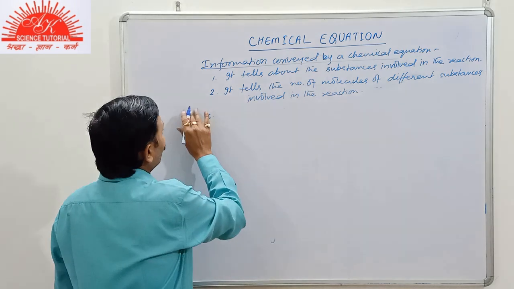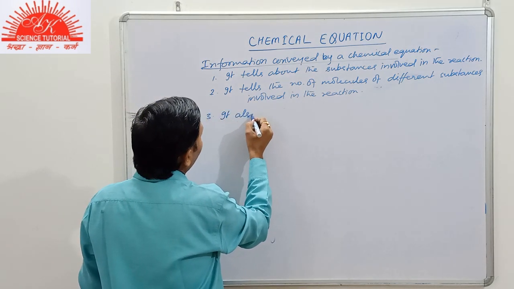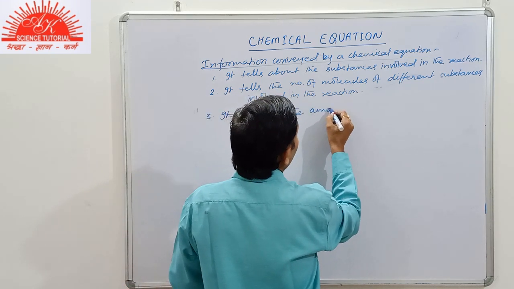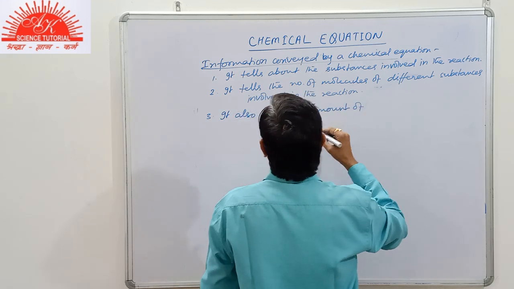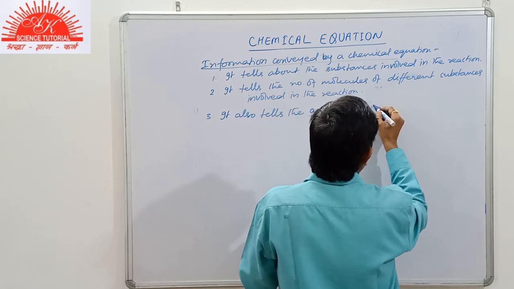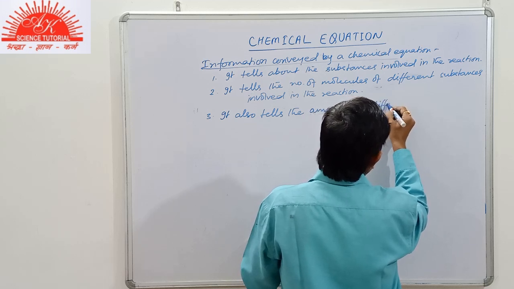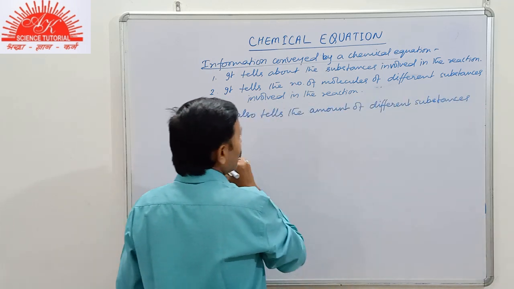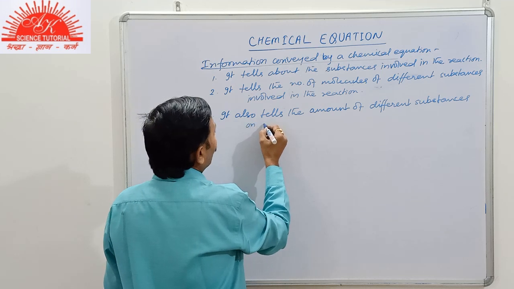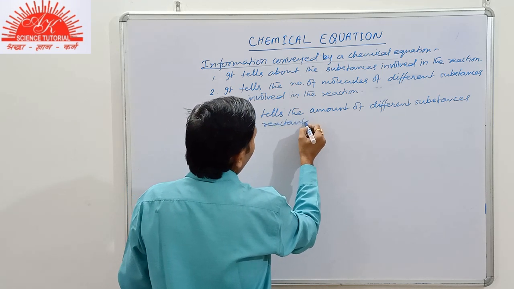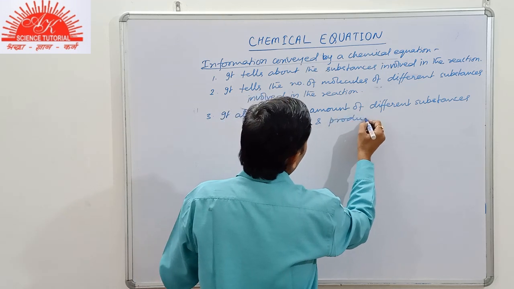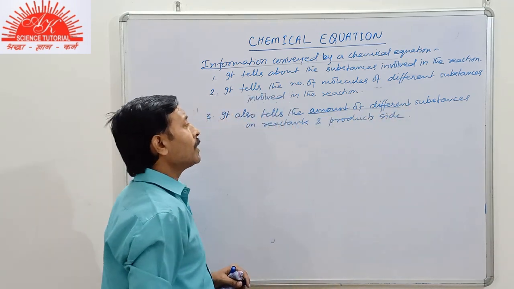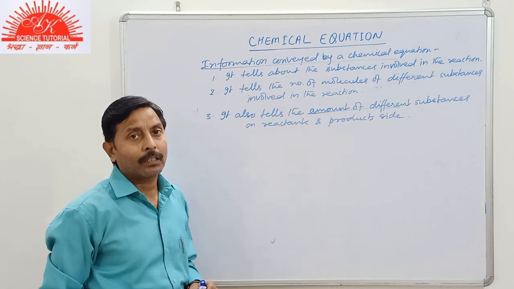That is, it also tells the amount of different substances on the reactant and product side. It means the mass of these substances taking part in a chemical reaction.